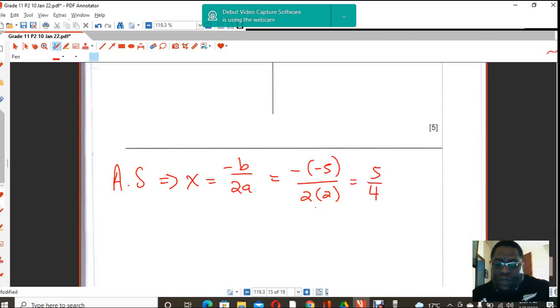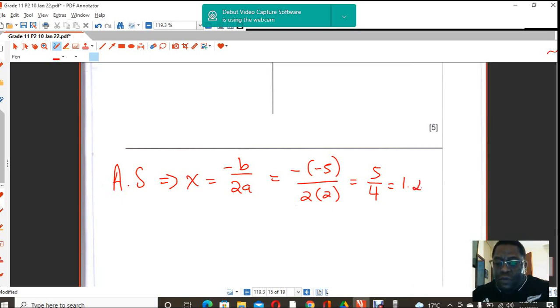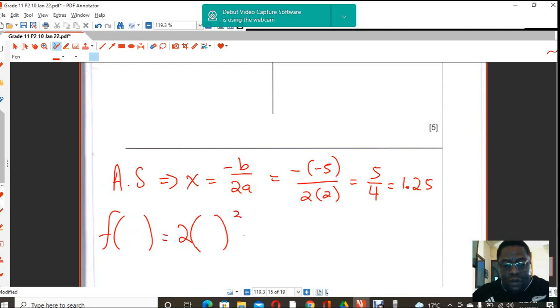So that's the x value of the turning point, which is the same as 1.125. Let's go back. 5 divided by 4 is 1.125. Now, if you take this and you substitute it into our function, what was it?